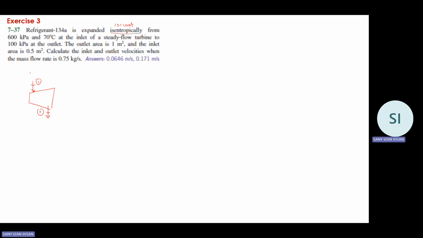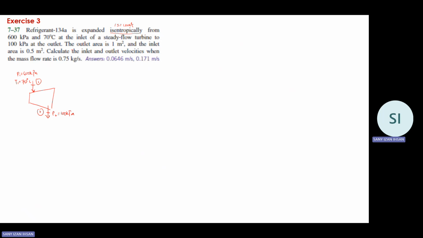All right, and we know that at state 1, we have P1 equals to 600 kilopascal, T1 equals to 70 degrees Celsius. At the outlet, we have P2 equals to 100 kilopascal.